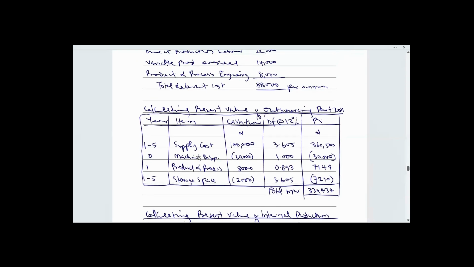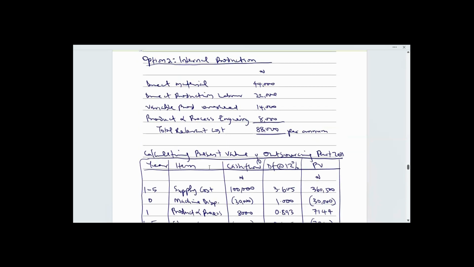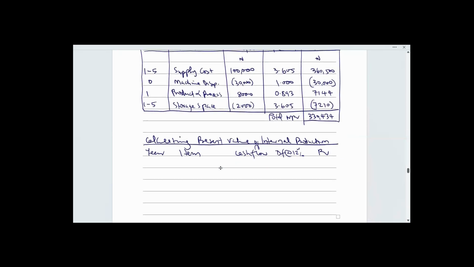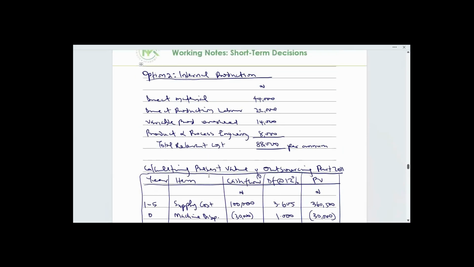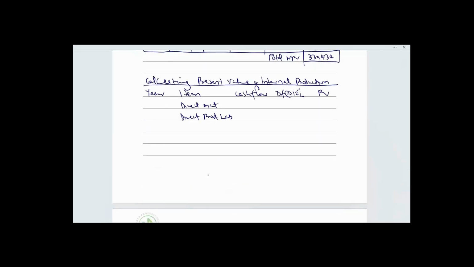I can list everything one by one: direct material, direct production labor, variable production overheads, and product and process engineering costs.